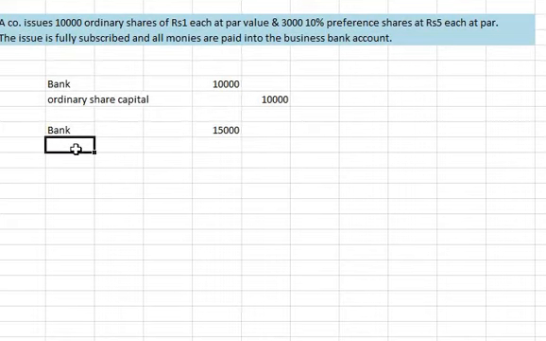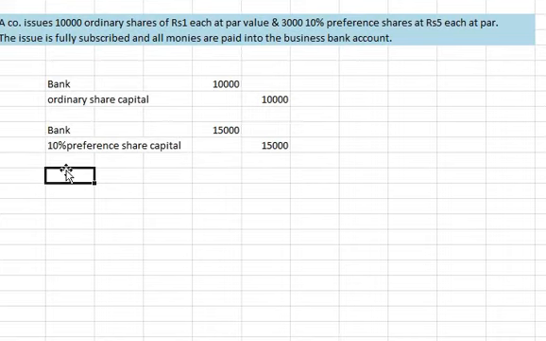What type of share capital have we received? 10% preference shares. So 10% preference share capital, rupees 15,000. And here your narration will be: to record the issue of 3,000 10% preference shares at rupees 5 each at par. So this is how we record our single journal entry.